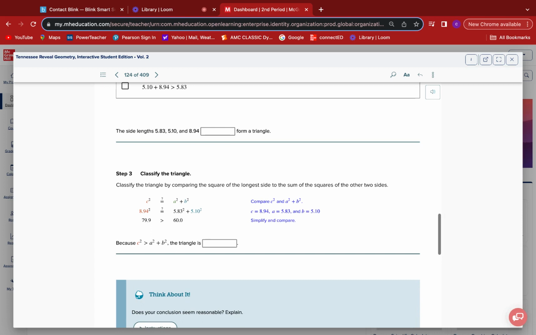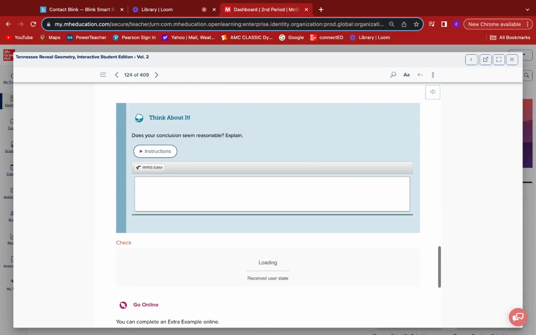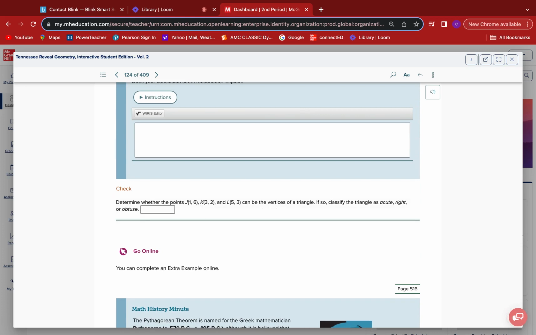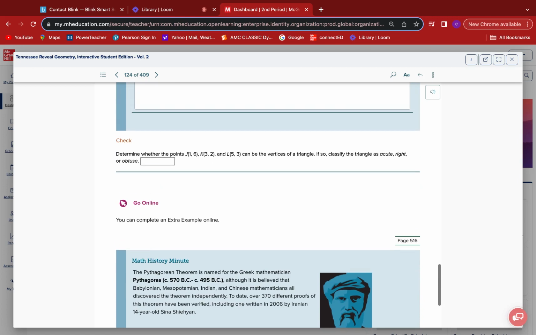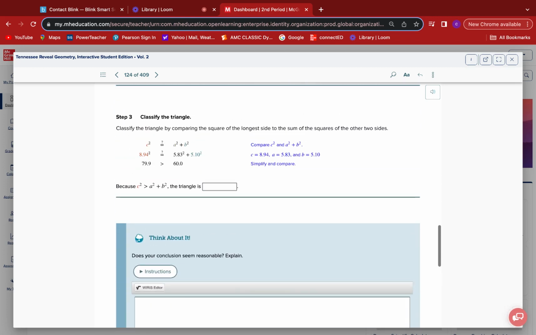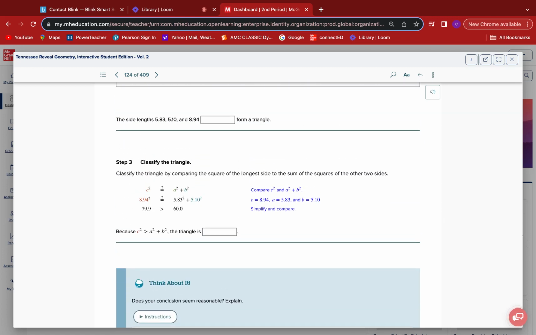That's what I'm getting from this. So greater means the triangle is obtuse. Is that all they're wanting me to do? Yeah, I guess that's all they want, just, hey, is it obtuse? Yeah, okay. So it's obtuse. That's all they're wanting.